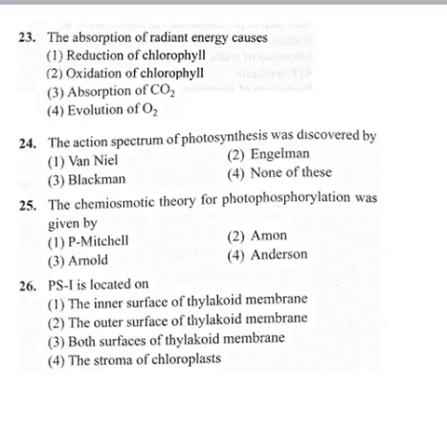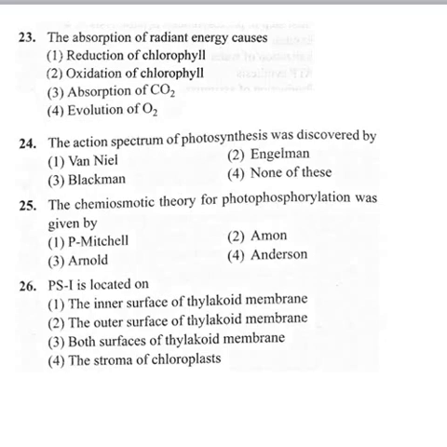Next, 24th question. The action spectrum of photosynthesis was discovered by option 1 Van Niel, option 2 Engelmann, option 3 Blackman, option 4 none of these. So what is action spectrum? An action spectrum is a curve showing the effectiveness of different wavelengths of light in stimulating the process being investigated.